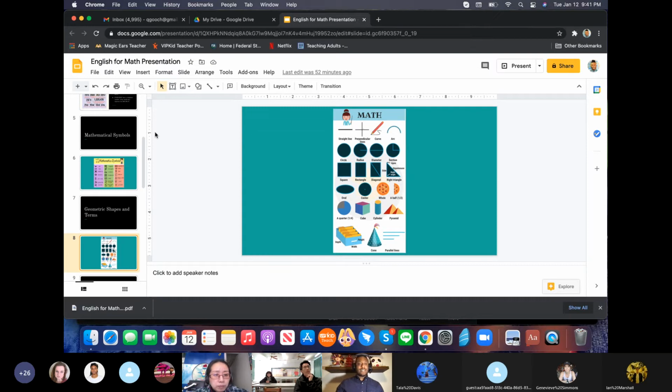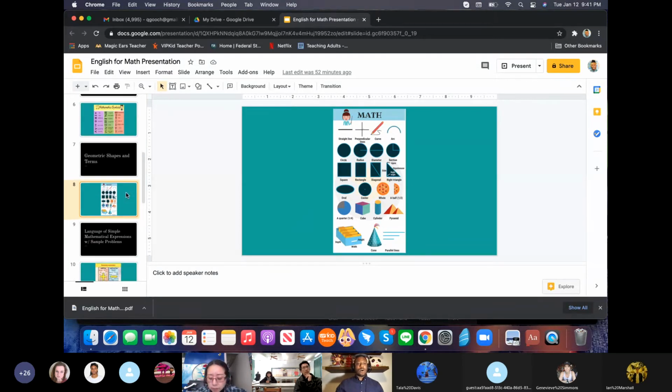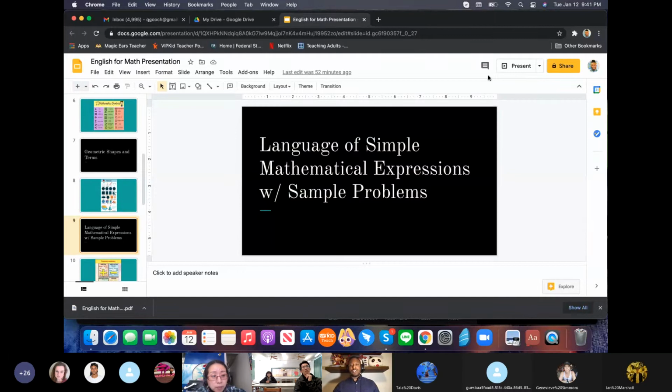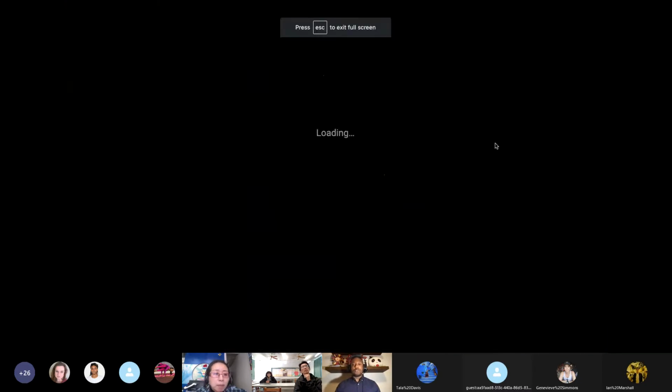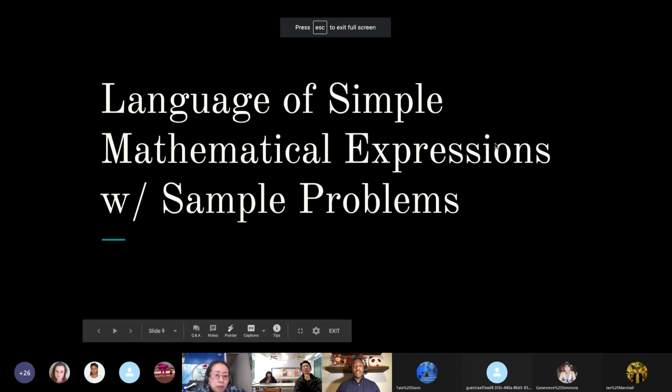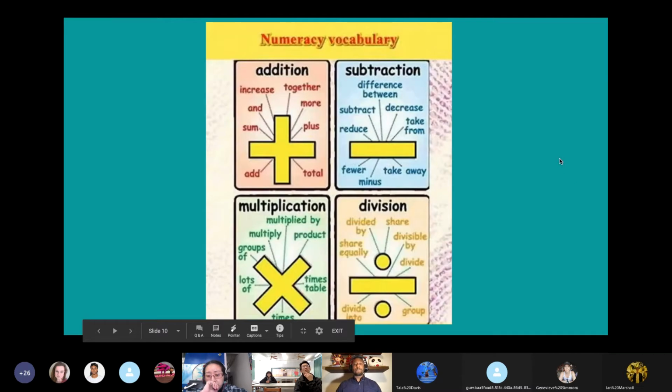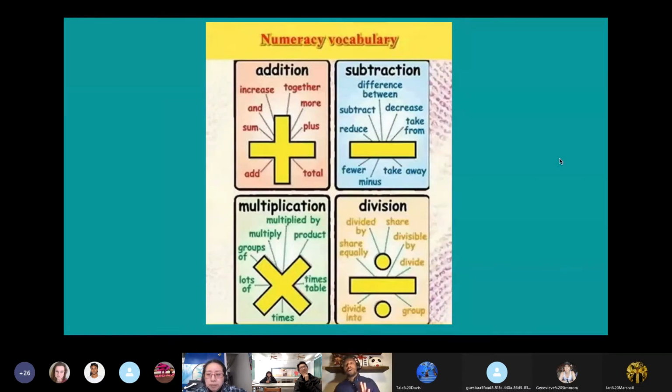So let's then go on to our language of simple mathematical expressions with sample problems. Okay, so this is just an overview of what we're going to go through over the next few minutes.